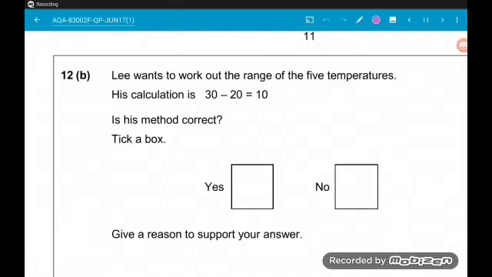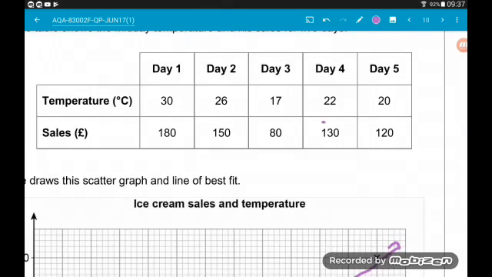Okay, then for part B, he wants to work out the range of the 5 temperatures. His calculation is 30 minus 20, which is 10. Is he correct? Tick a box. So if we look back on the table, remember that to find the range, you do the biggest value minus the smallest value.